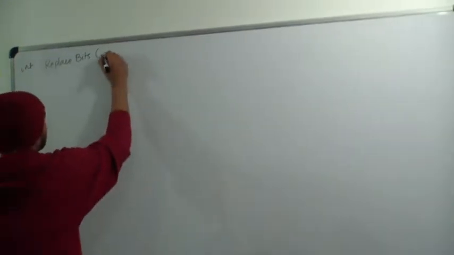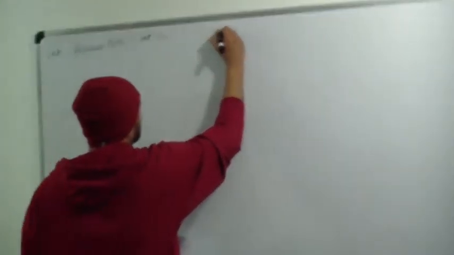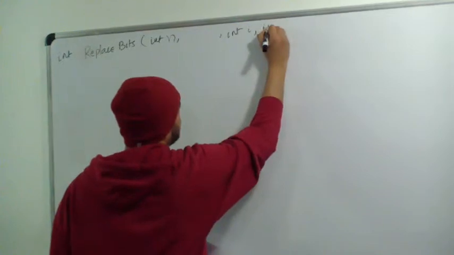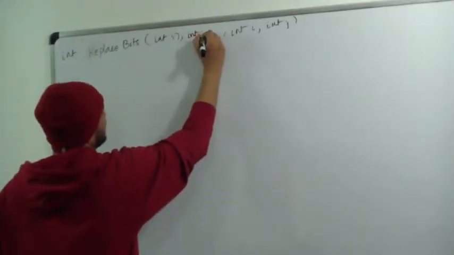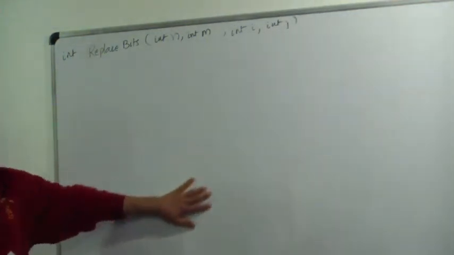The problem is you are given one integer m and integer n. In this particular integer, from position i to position j, you have to replace everything that is in int m. It's very clearly said that you don't have to worry about the border conditions. So whatever it is, it's always going to be a golden scenario.